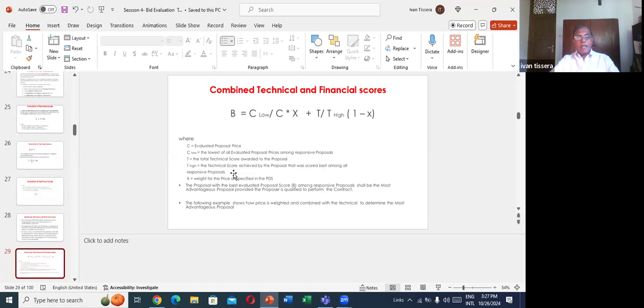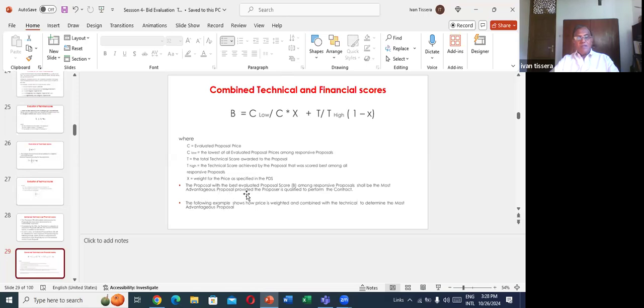T high is the technical score achieved by the proposal, maybe A or B or C, whichever is the highest, say 30 out of 30, or he has got 28, for example. Then X is the weight for the price as specified in the PDS. X may be 40% price or 50% price or 80% price, right?